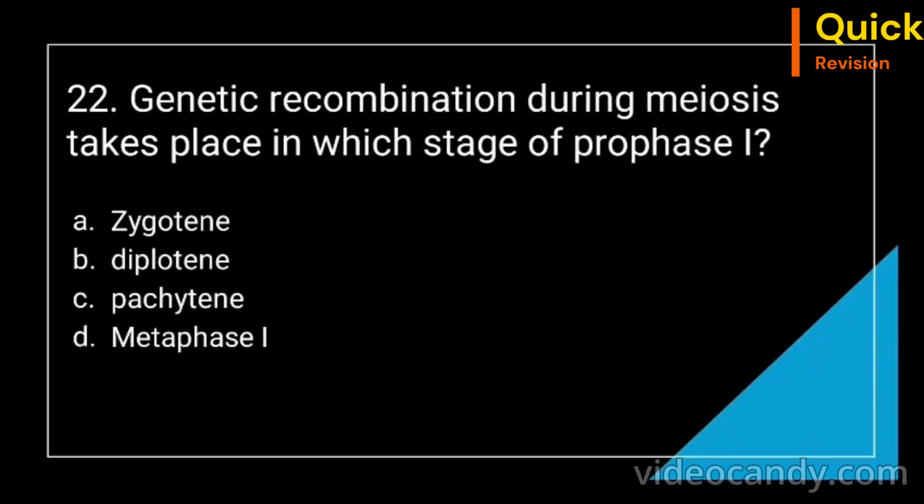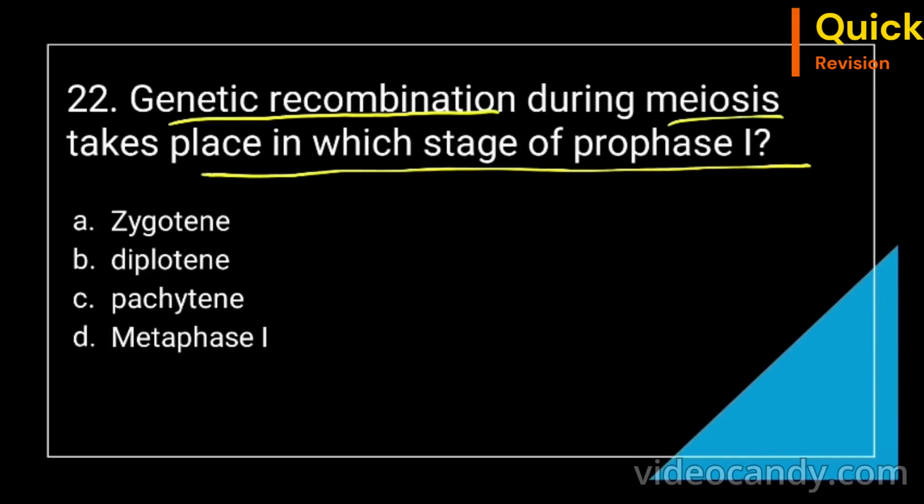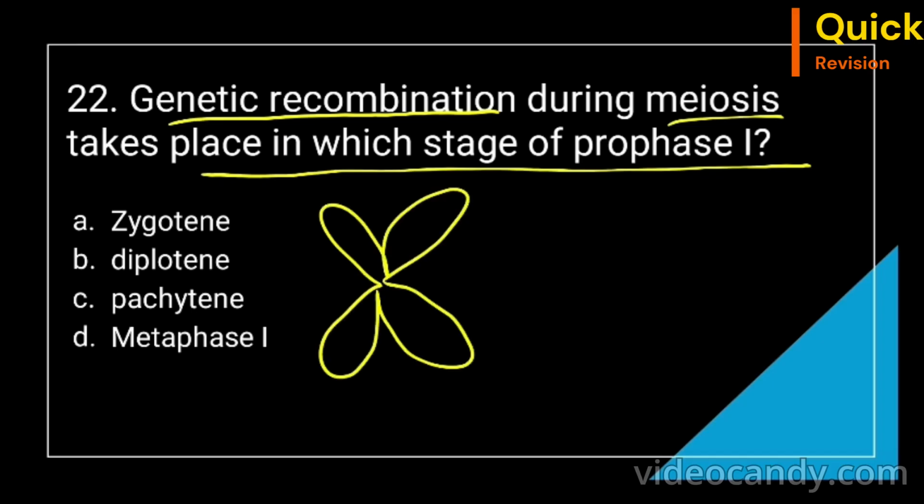22nd question. Genetic recombination during meiosis takes place in which stage of prophase 1? Zygotene, diplotene, pachytene, metaphase 1. So first we will talk a little about this genetic recombination. Genetic recombination occurs between homologous chromosomes, right?